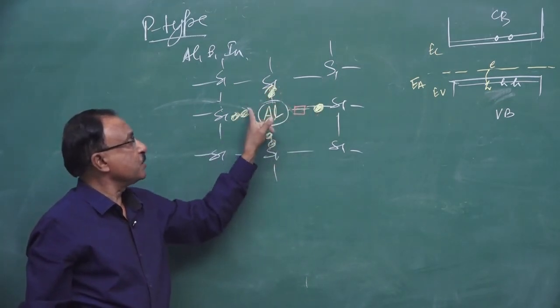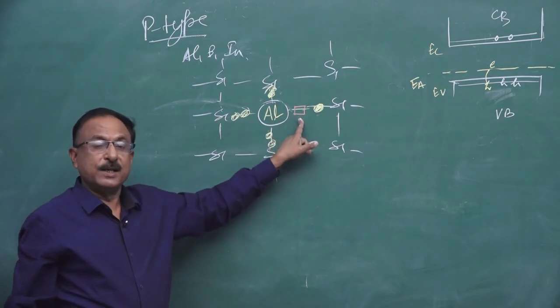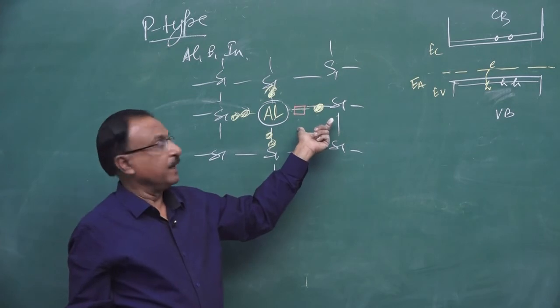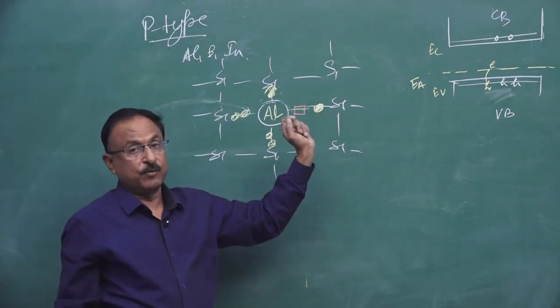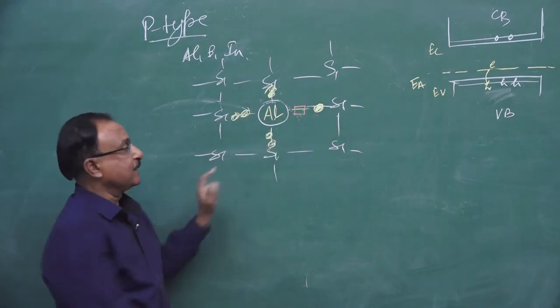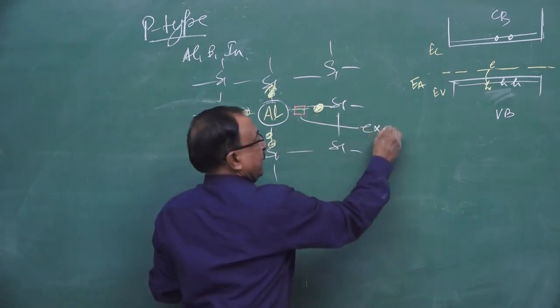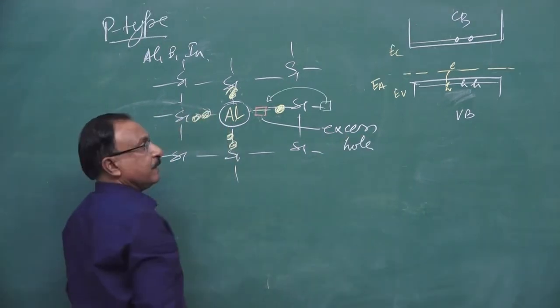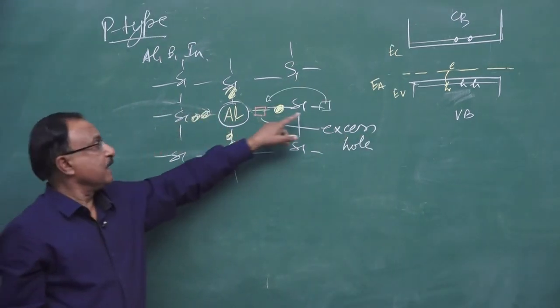In this process it shares 3 electrons, but it has a deficiency of 1 electron to form the 4th covalent bond. So at one of the bonds there appears one excess hole. This is a positively charged vacancy which can attract an electron.